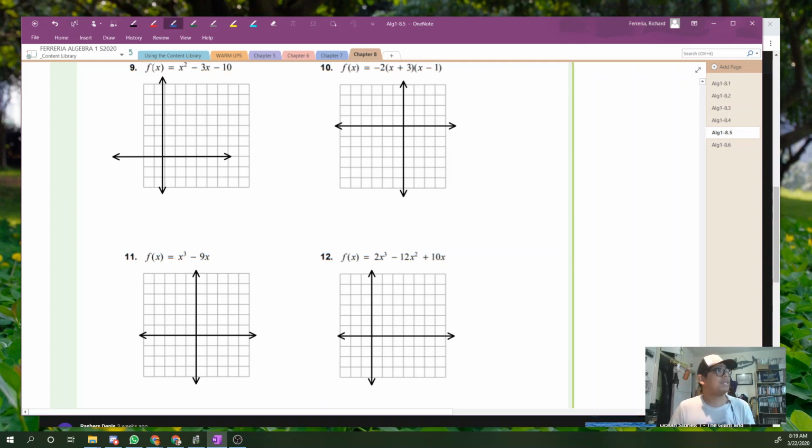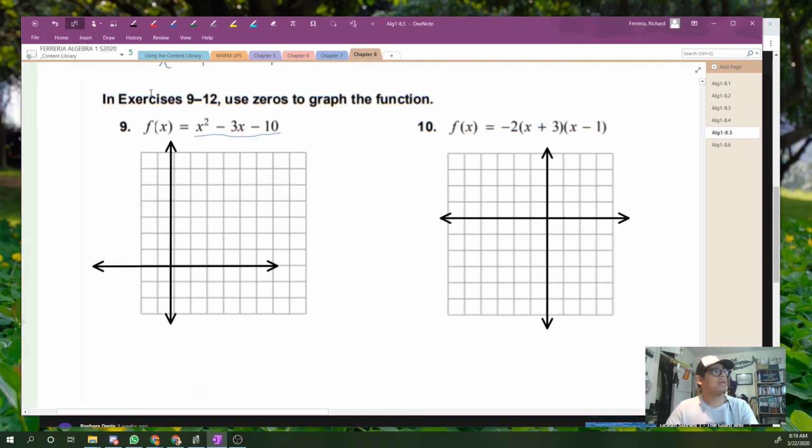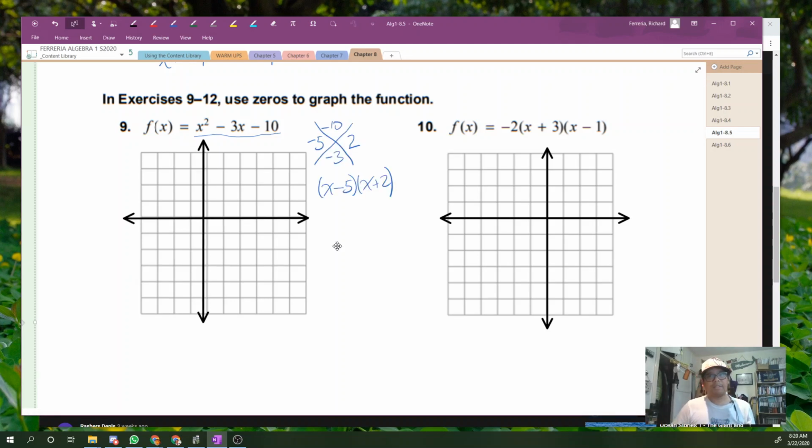Let's do this one to get this to intercept form. To get this to intercept form, you're going to have to factor that. Let me zoom into this problem and take a second and factor that. X minus 5, x plus 2.